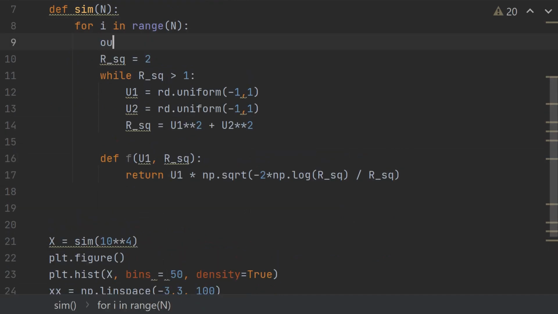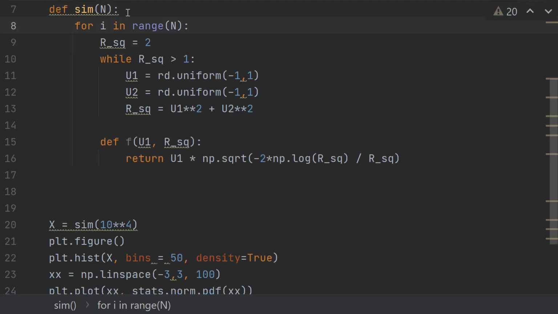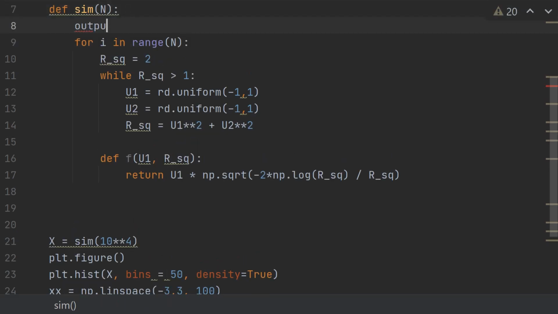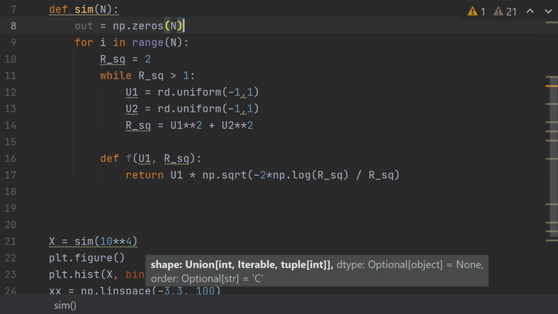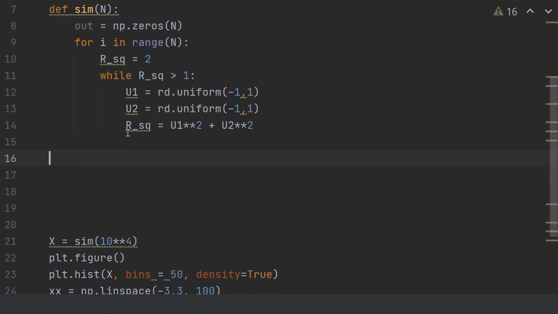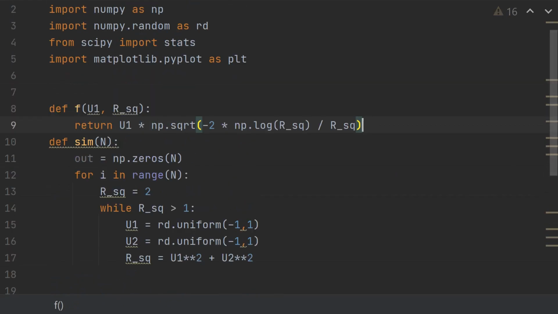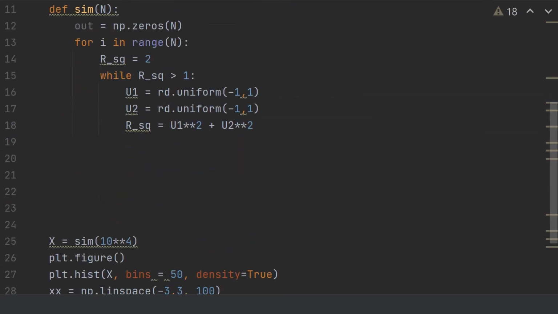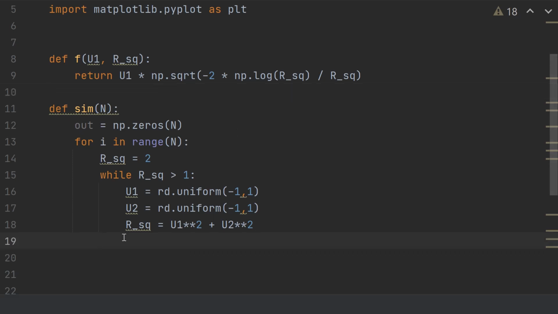I will need an output, which I will need up here. Output equal to numpy zeros. I will need n of these. And this function, let me just put it all the way outside. So at this point, I have sampled u1 and u2 until they are within the unit circle.